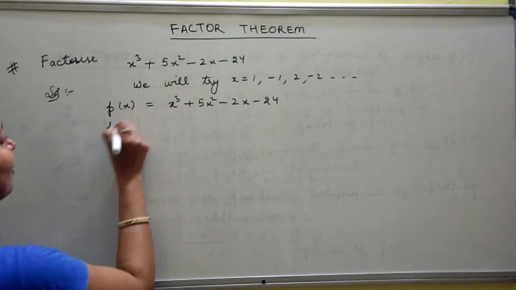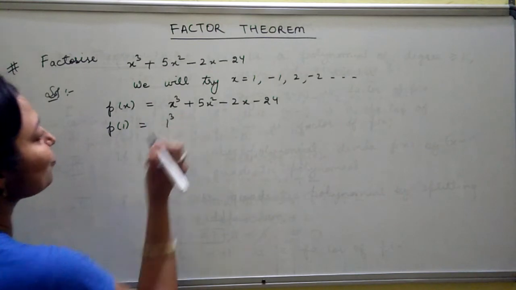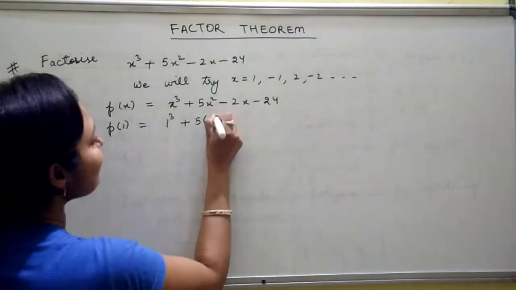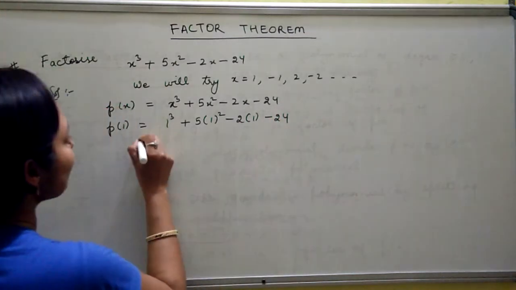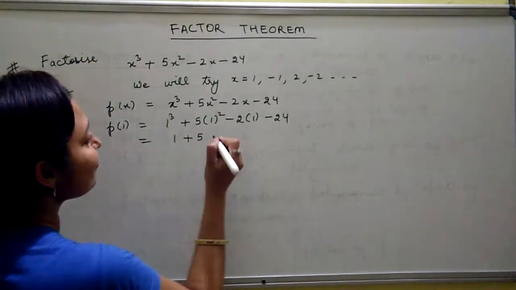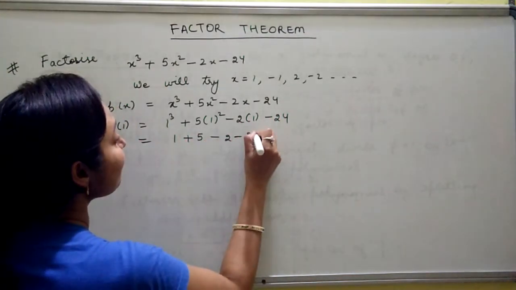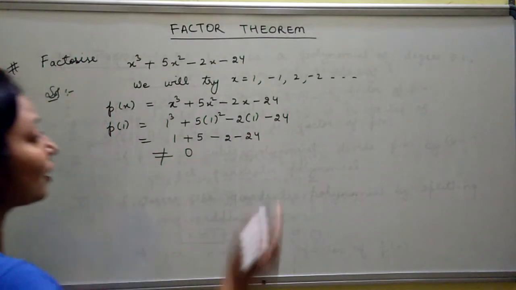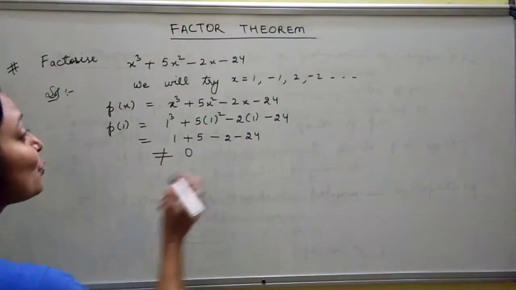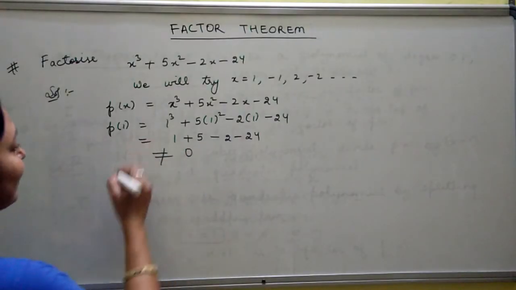When you put p(1), 1 cube plus 5 times 1 square minus 2 times 1 minus 24. You get 1 plus 5 minus 2 minus 24. It will not equal 0. Leave it as it is. Now come to the second value. I will try 2.